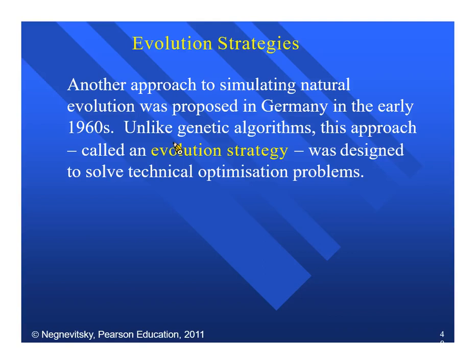Evolution strategy is another approach to simulate the natural environment that was proposed in Germany in the early 1960s. Unlike the genetic algorithm, this approach, called the evolution strategy, was designed to solve technical optimization problems.